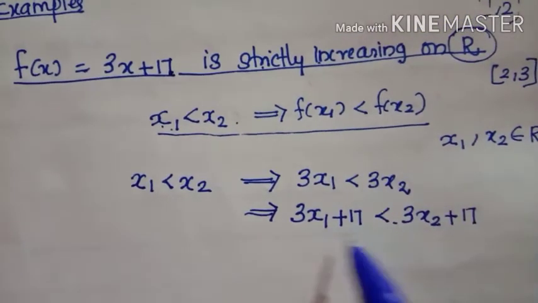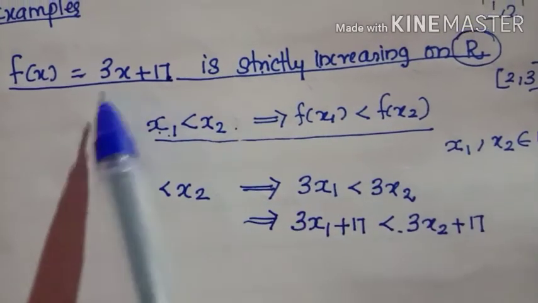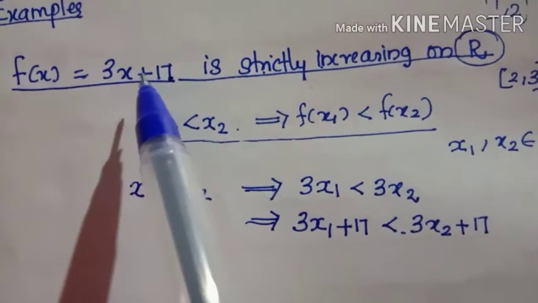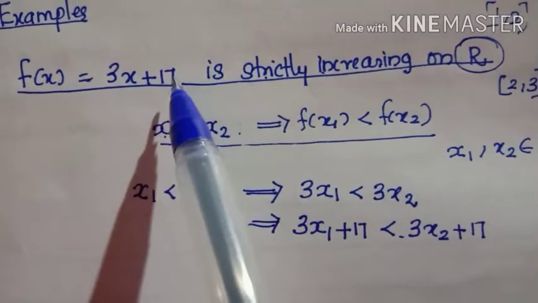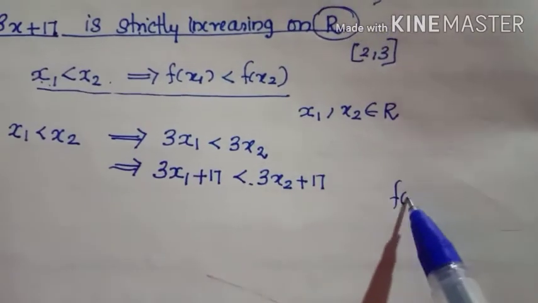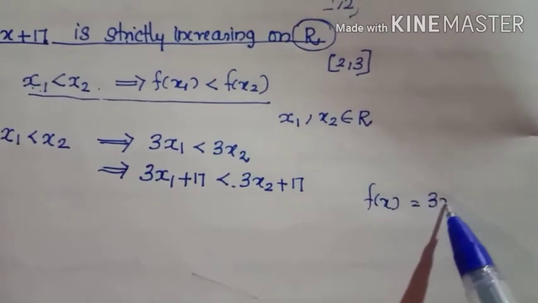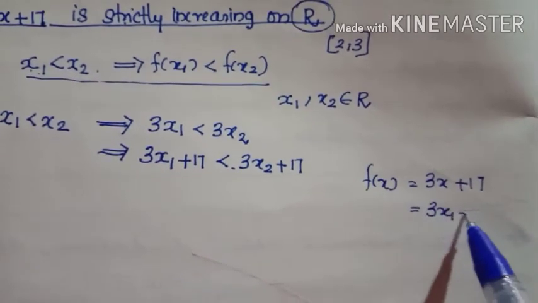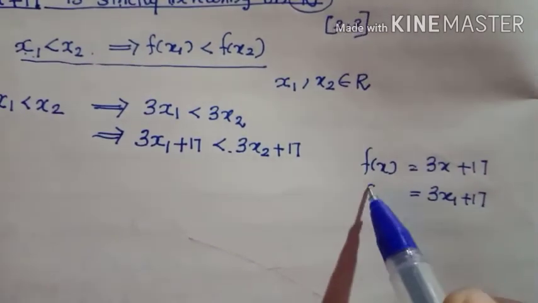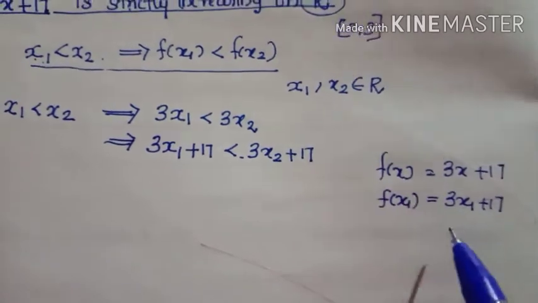Our aim is to make the given inequality in the form of the given function. So first we multiplied by 3 and added 17. We have f of x equal to 3x plus 17. So what is 3x1 plus 17? It is f of x1.